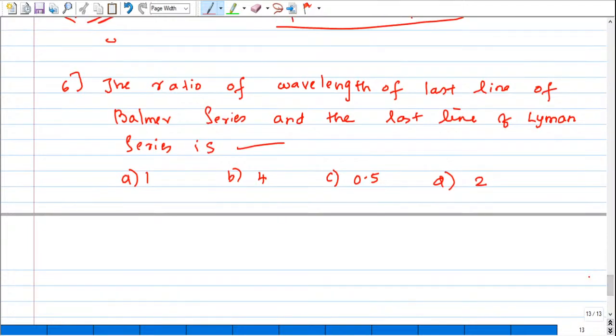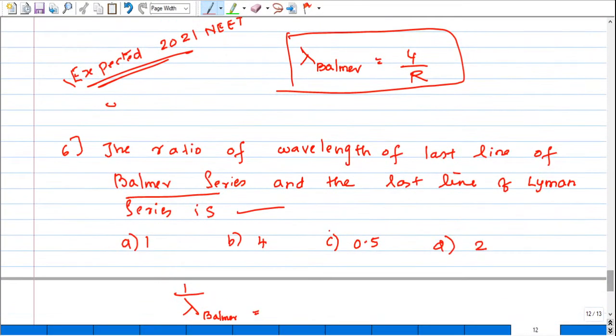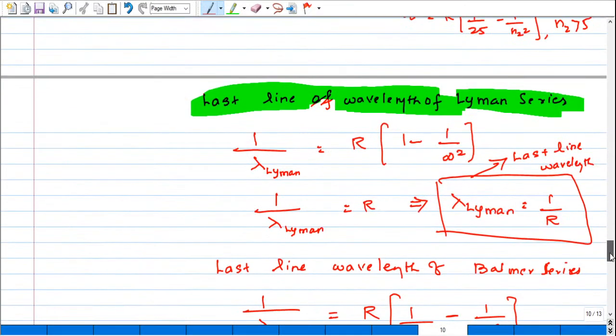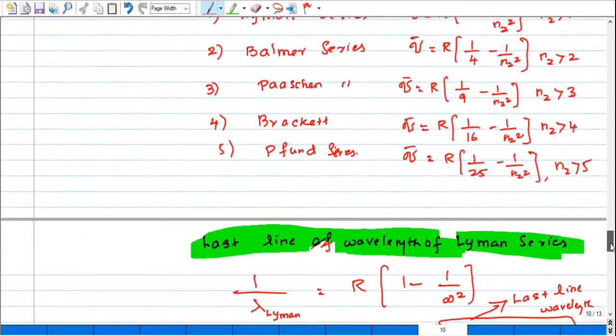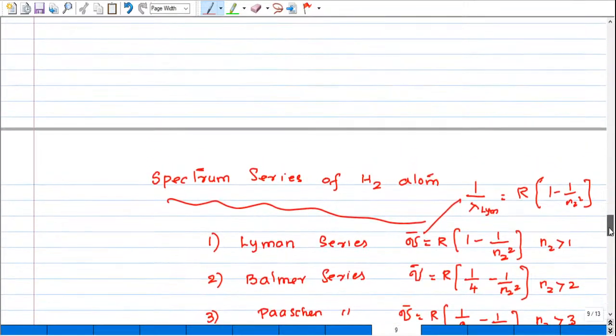You know very well, first let us find the Balmer series. Last line of Balmer series, just now we wrote, lambda Balmer will be equal to 4 by R, correct? Then similarly, tell me the value of the last line of Lyman series.